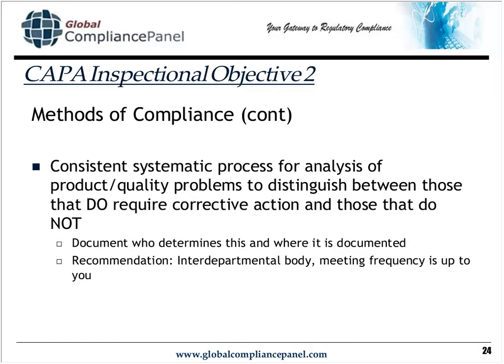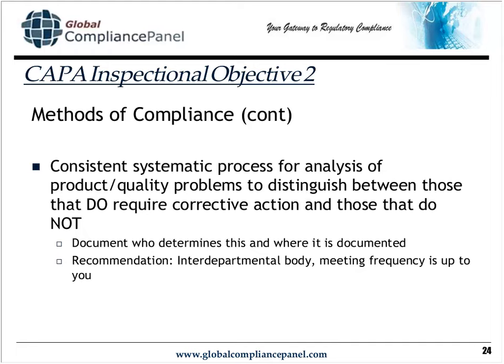And something that I've seen used across the industry is a periodic interdepartmental body. I've been at firms where they have a quarterly quality meeting, admittedly smaller firms that can do it quarterly. Other slightly larger firms have monthly meetings.